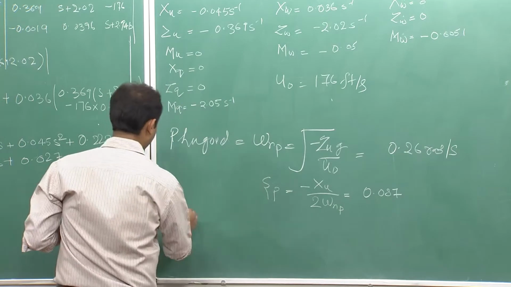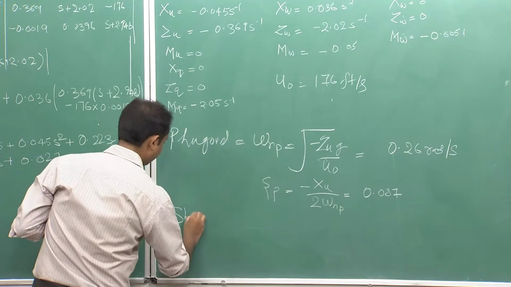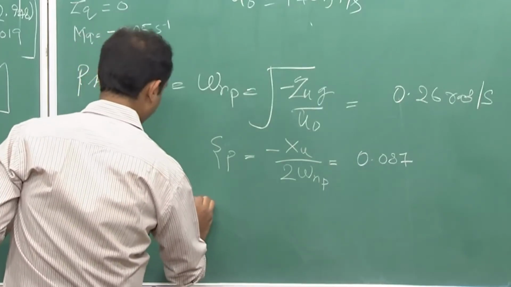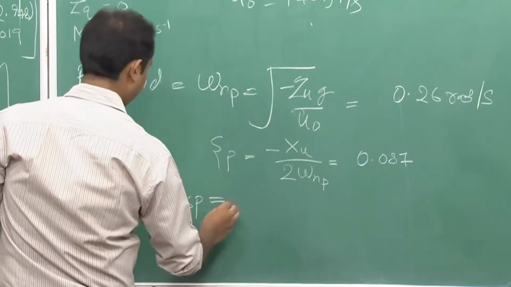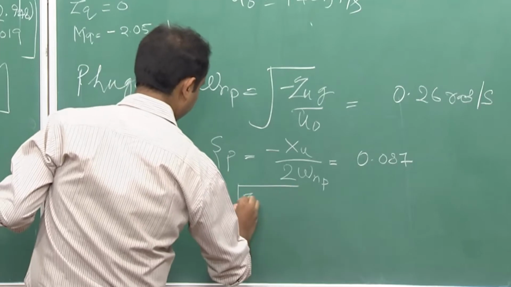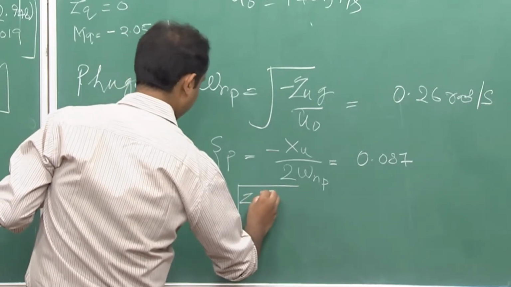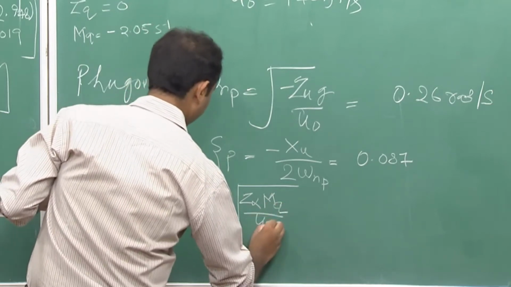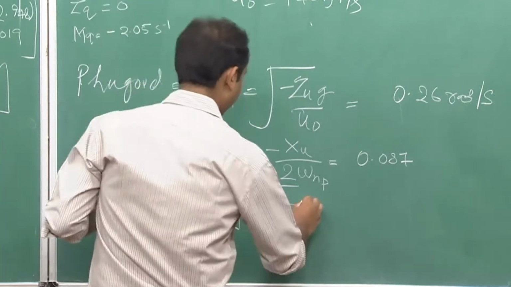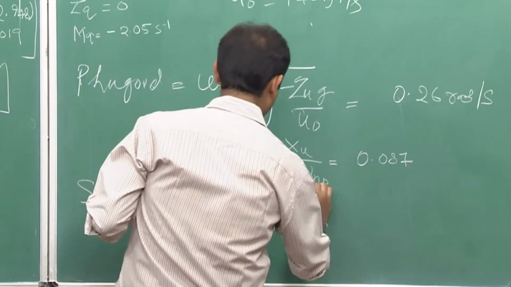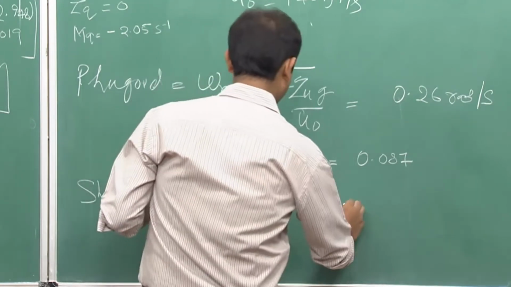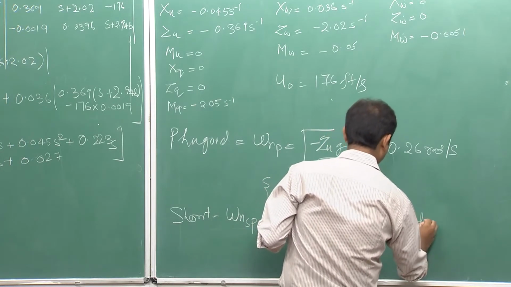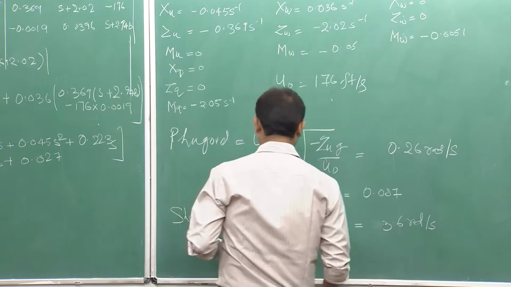Similarly, for short period, omega n short period will be root over Z alpha M q upon U naught M alpha, which will give 3.6 radian per second.